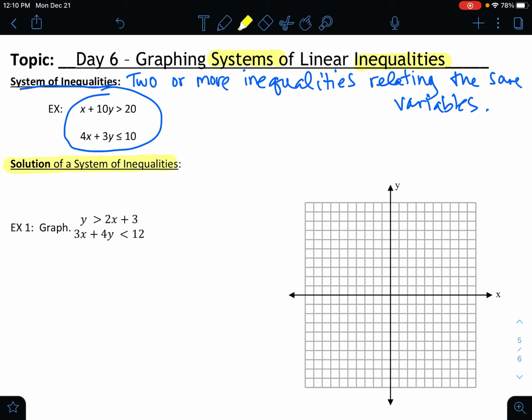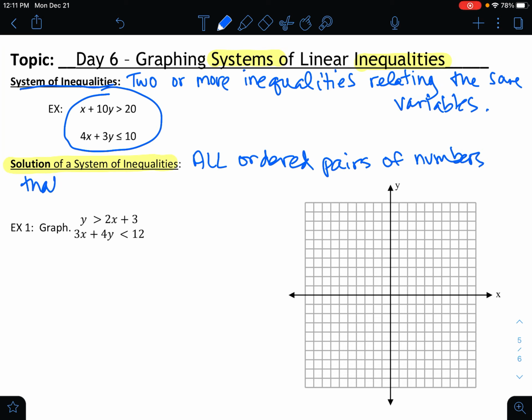I want to define what it means to be a solution of a system of inequalities. A solution is all ordered pairs of numbers that satisfy each inequality.